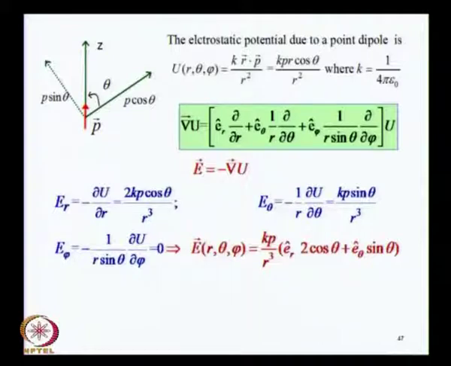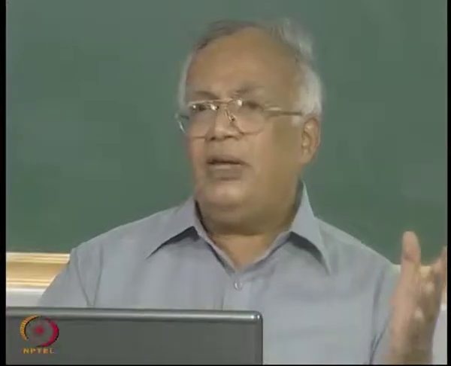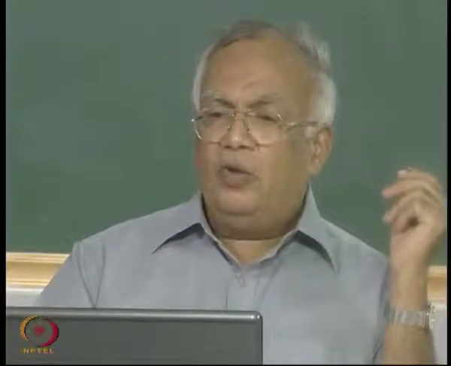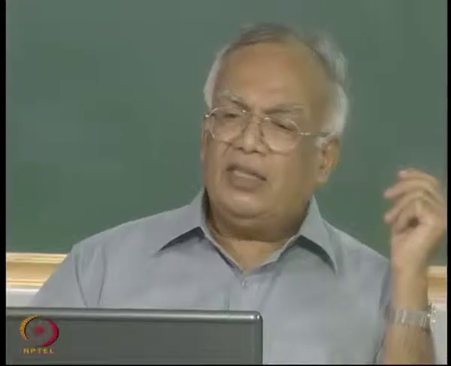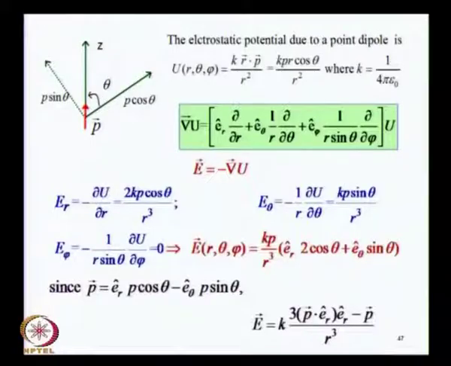The field is the negative gradient of the potential. So you can apply this in gravitational problems, you can apply this in electrostatic problems, very easily. All you have to do is to get the gradient and recognize the field to be the negative gradient of the potential. By doing some simpler transformations, you can write this electric intensity in terms of the dipole moment itself, but this is just a matter of simple transformations.